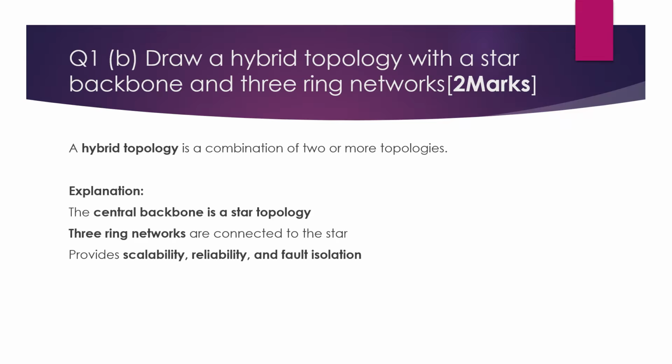In this diagram, first you draw a rectangle or square, it's your wish, and label it as hub or switch. This is the one star backbone, and 3 ring networks are connected. These are the nodes.